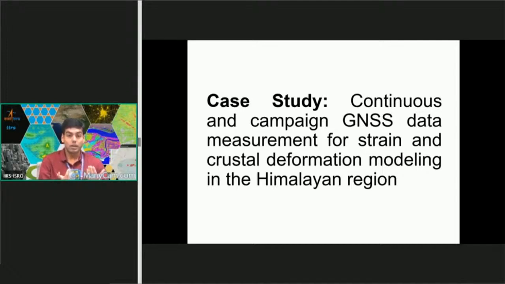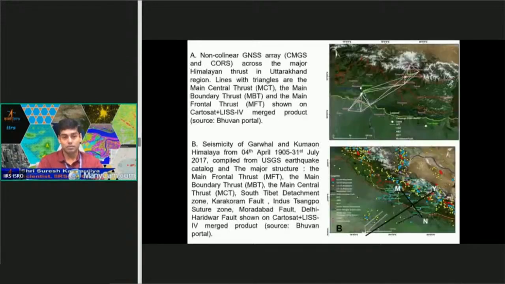The rate of movement is 30 to 50 millimeter per year. So if we are not able to estimate sub-millimeter or millimeter accuracy, we cannot determine crustal deformation or strain in the Himalayan region. So that's why it is very, very important to apply all these corrections to achieve the required accuracies to determine the strain and crustal deformation.